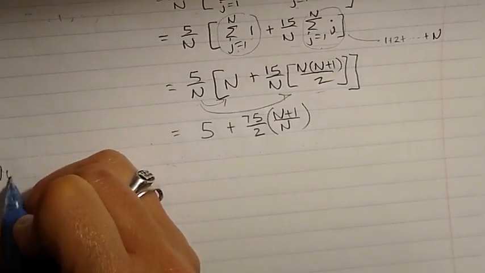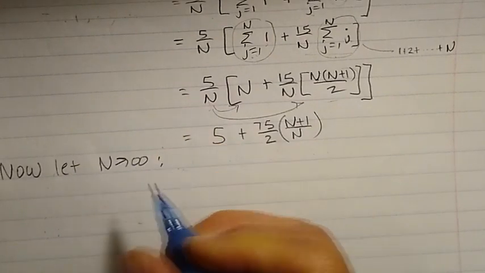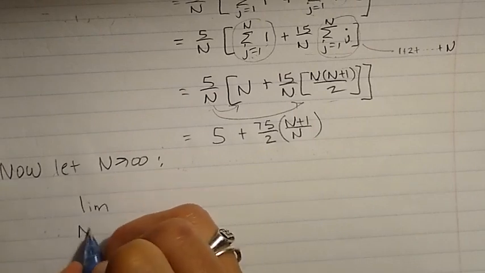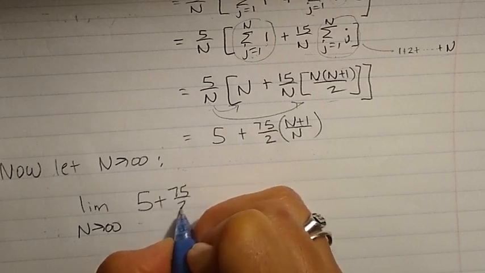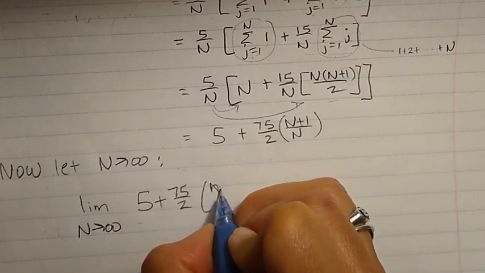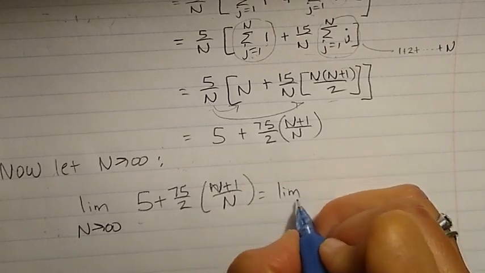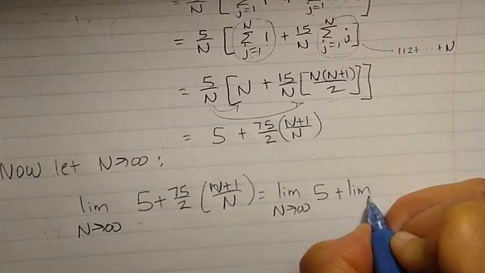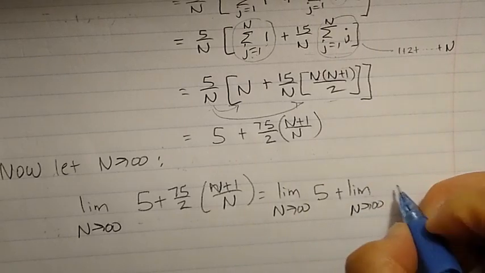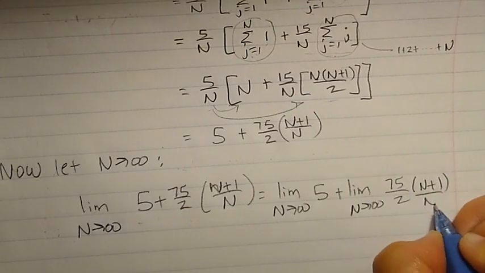Now, let n go to infinity. We're looking at the limit as capital N goes to infinity of this expression, which is equal to the limit as n goes to infinity of just 5, plus the limit as capital N goes to infinity of 75 over 2 times n plus 1 over n.